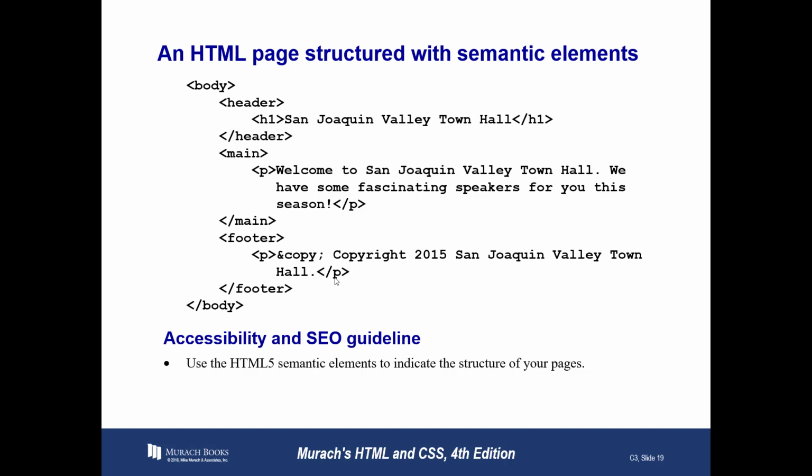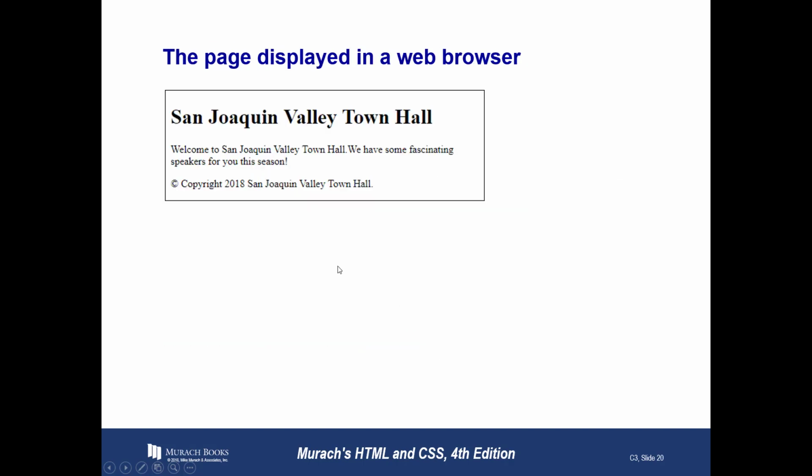This class, the class AWD1000, is a class in, among other things, HTML5, the newest, latest, and greatest version of HTML or hypertext markup language. HTML5 uses what are called semantic elements, things like header, main, and footer. Why do we use those? Because, as it says, they indicate the structure of pages, and we will be going over those.